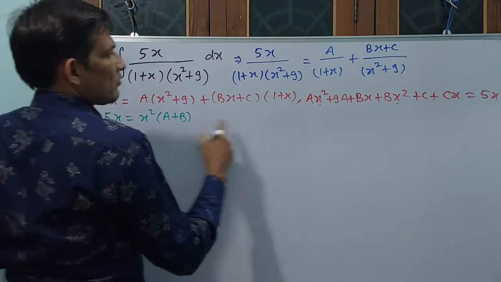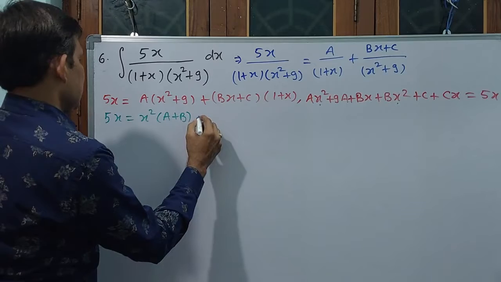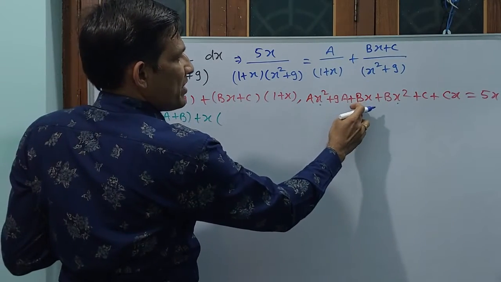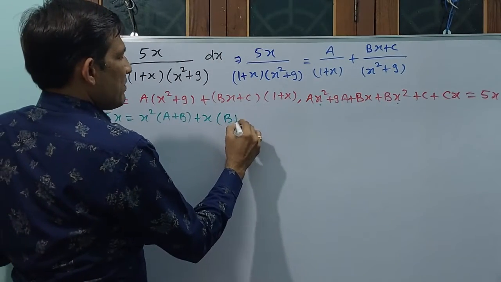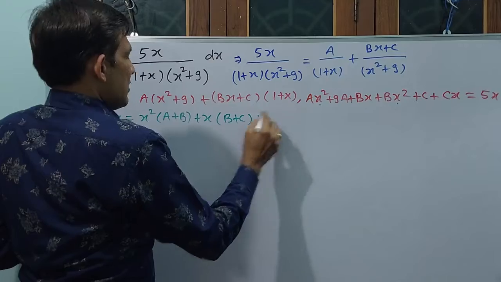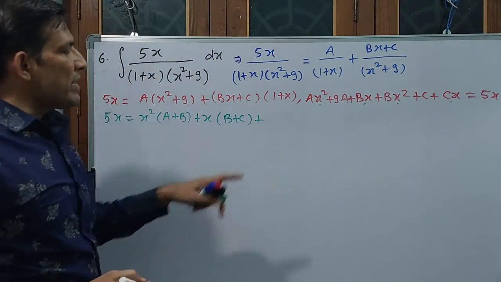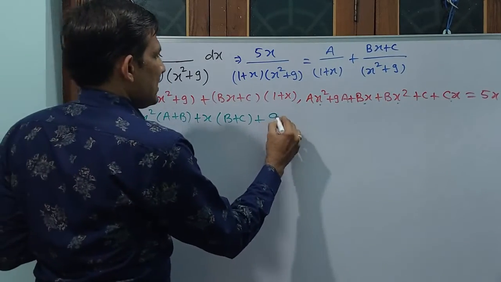Okay, x square is over. Now take x common: b is there, c is also there, that means b plus c. Now x is over and x square is over. The remaining are only constants: 9a plus c.